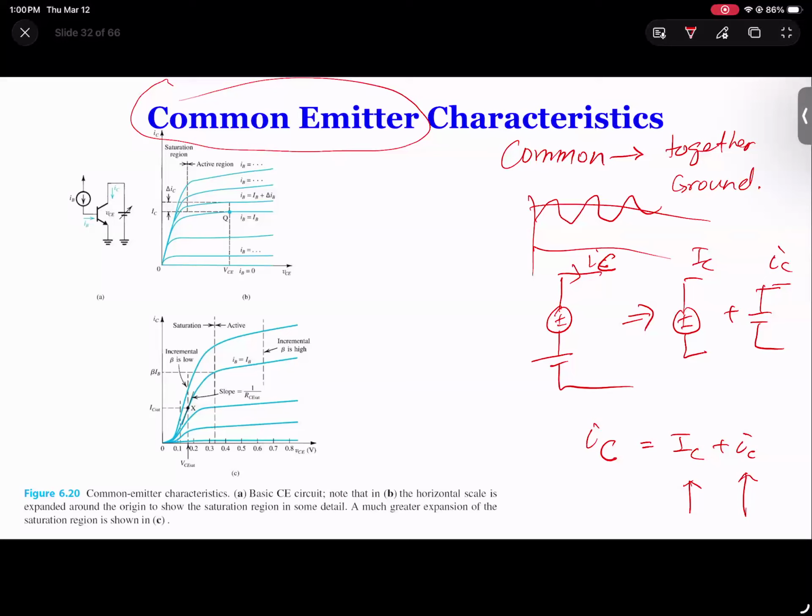By now we would have three types of curves. One curve like this says VA is infinity, so RO is infinity. But in this case, you have this curve here, and VA is a constant.